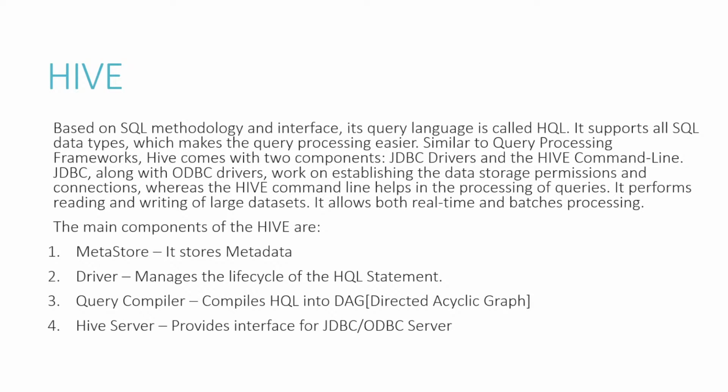It typically runs one after the other, like A, then B, then say C and D, and then after that E. So it's an order of tasks or jobs that have to happen, and that comes out of the compiler. The Hive server provides the interface. If you install a Hive server, you get the JDBC ODBC server interface where you can run those JDBC ODBC connections and run those queries.